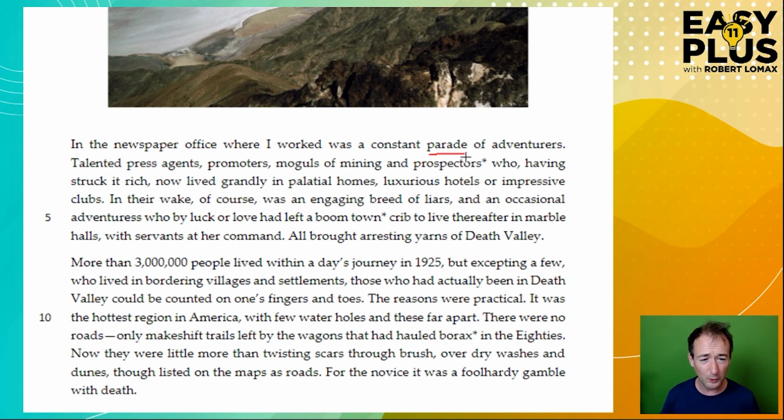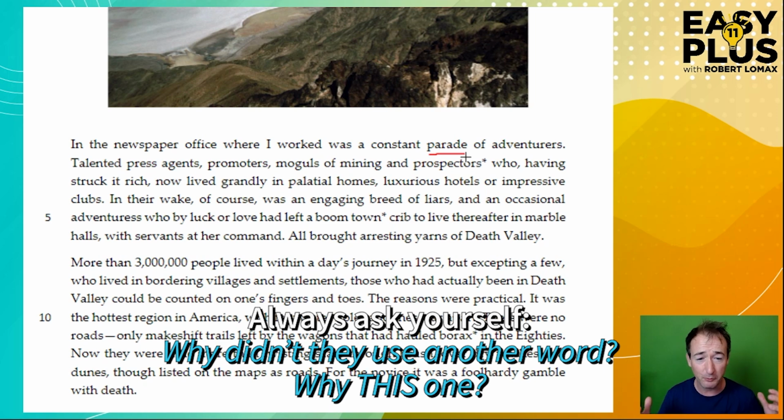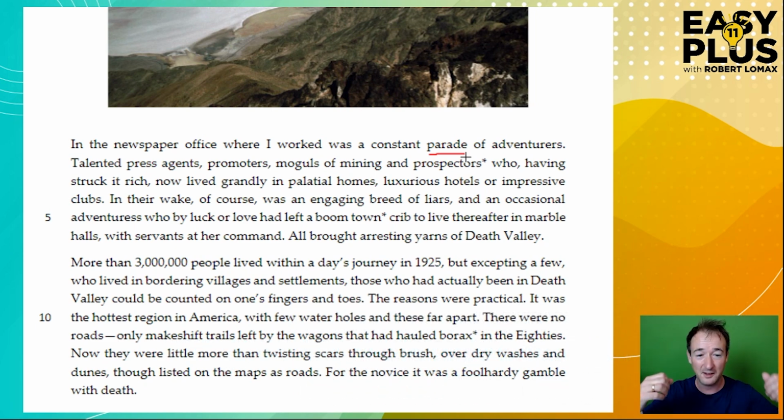But there's more to this, because why has the writer not just written, there were many of them? What does a parade suggest? What's the difference between a parade of people and a mob of people, for example? Well, in a parade, people move rather neatly, one after the other, and they're usually dressed up, looking grand or extravagant.